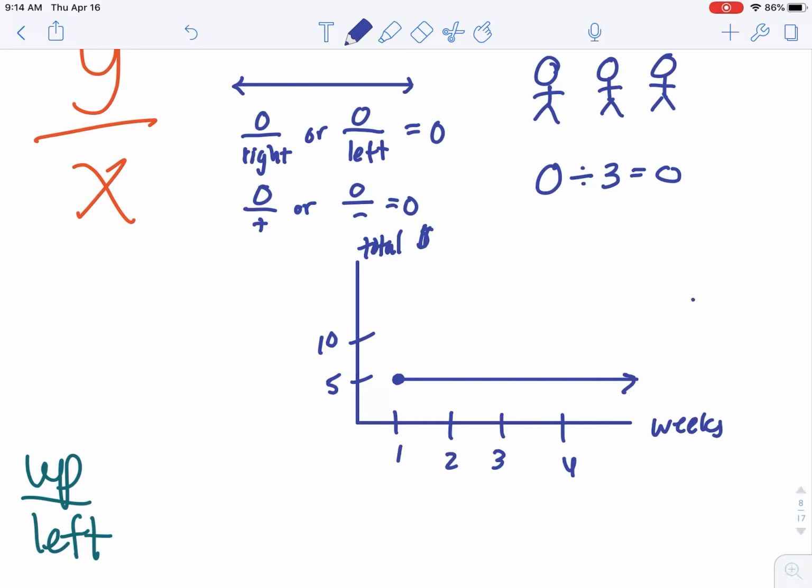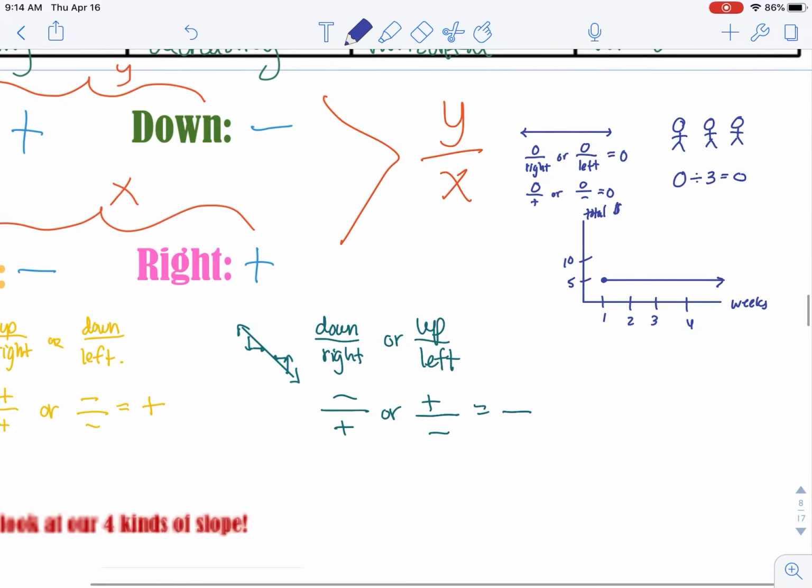I'm earning $0 per week. I started at 5. I had 5 now, but I'm not gaining anymore. So this means I have a slope of 0. My rate of change is 0. I'm not going up or down any. I'm just remaining there. It's not increasing or decreasing by anything.